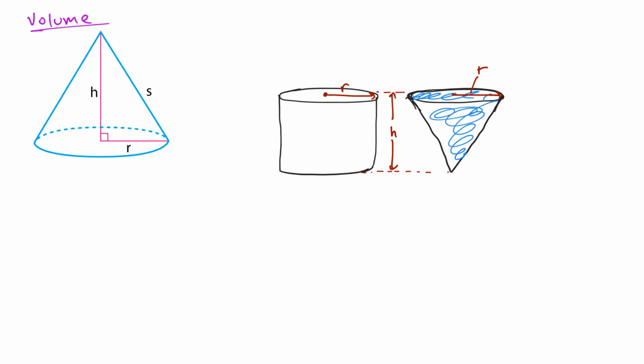Now, let's talk about the volume of a cone. So a cone is shaped like this. If we take a cylinder which has radius r and height h, and a cone which has the same height and the same radius, and let's say we fill the cone with a liquid and start pouring this liquid into the cylinder, we will notice that about 1/3 of the cylinder actually gets filled up.